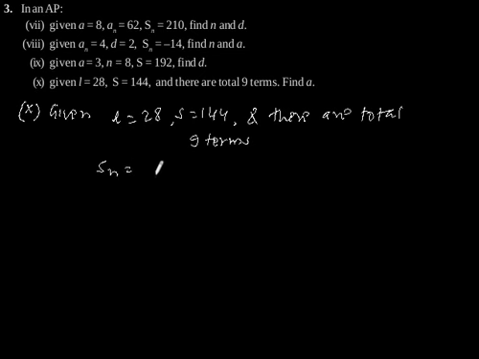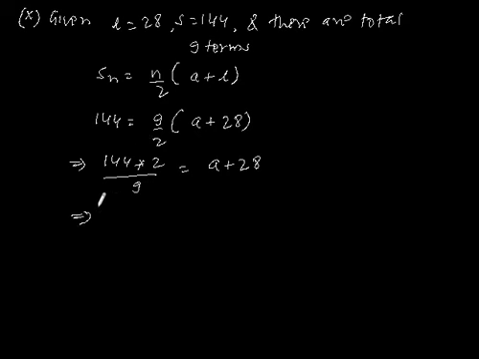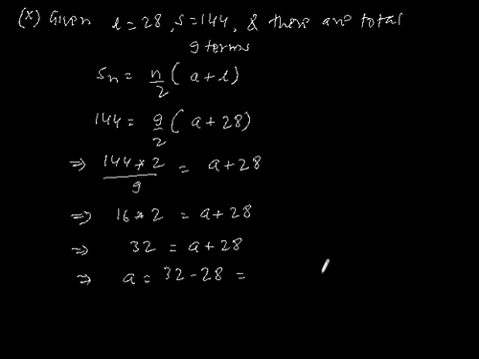Now, as we know, Sn is equal to n by 2 under bracket a plus l, which gives 144 is equal to 9 by 2 into a plus 28, which is equal to 144 into 2 by 9 is equal to a plus 28, which gives 16 into 2 is equal to a plus 28, which implies 32 is equal to a plus 28, which gives a is equal to 32 minus 28, which gives 4.